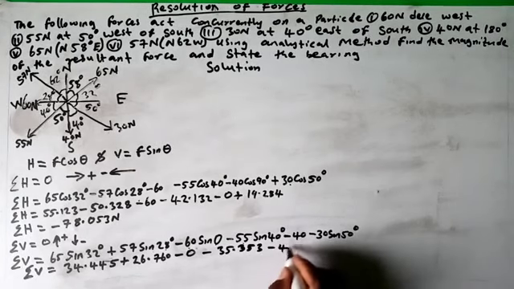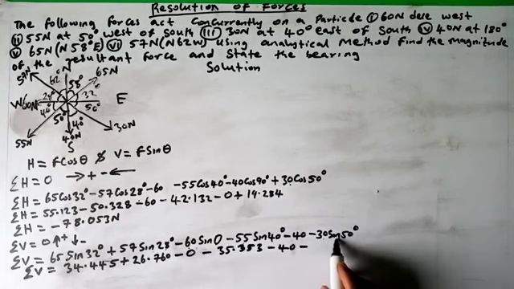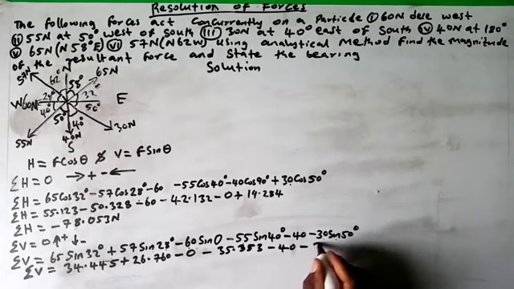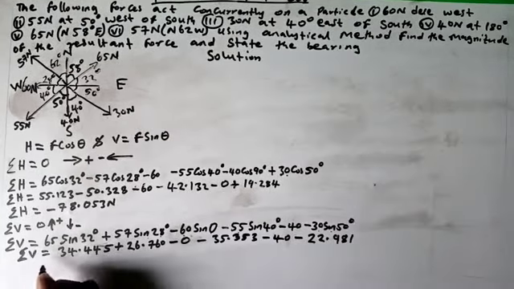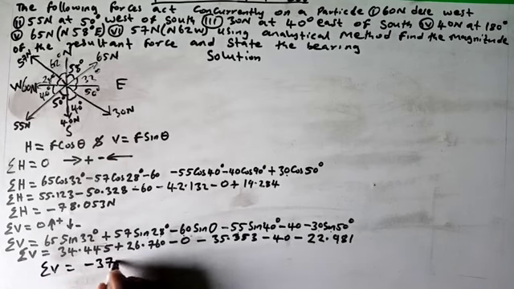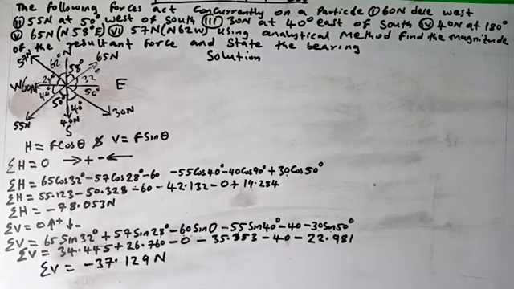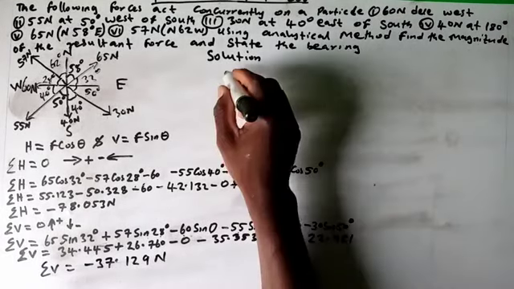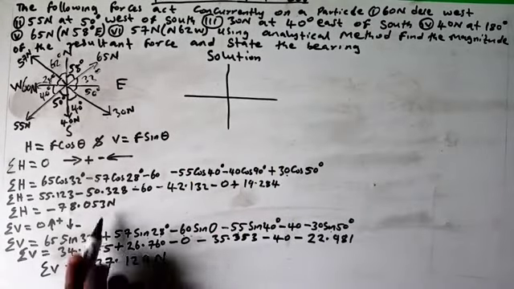Then minus 40, minus 30 sine 50 is equal to 22.981. Summation of V will now be equal to, add up everything, minus 37.129 Newton. So we now draw our cardinal point again to locate the two forces.